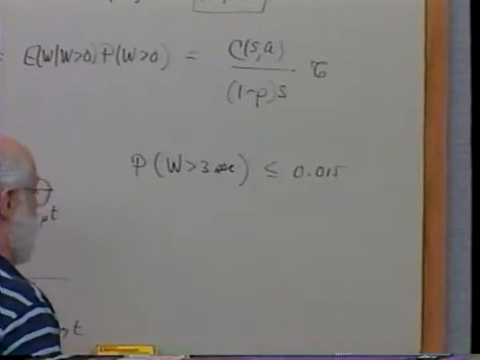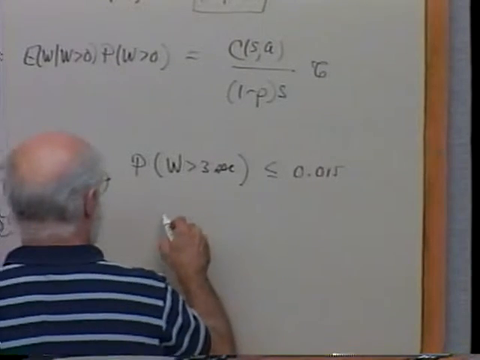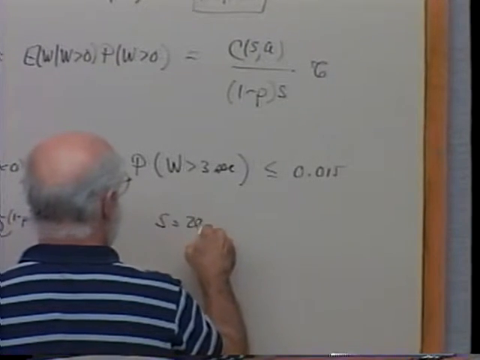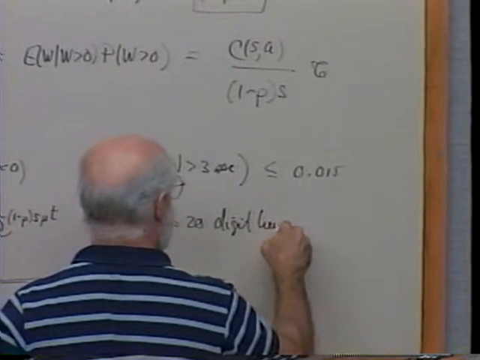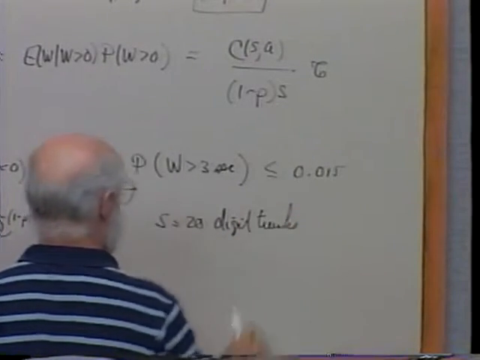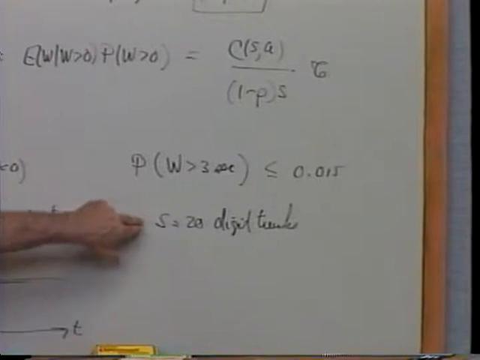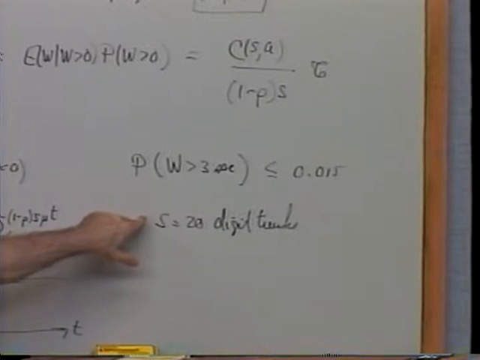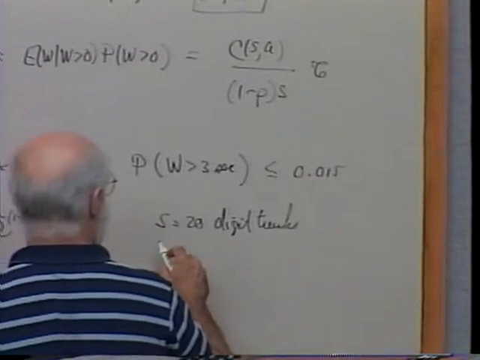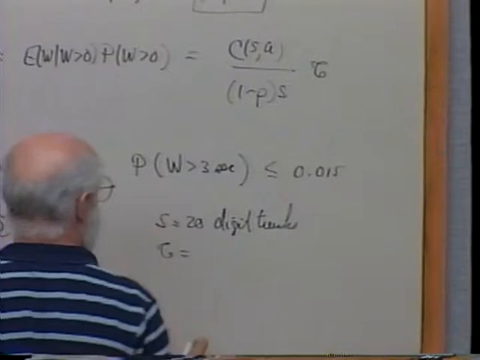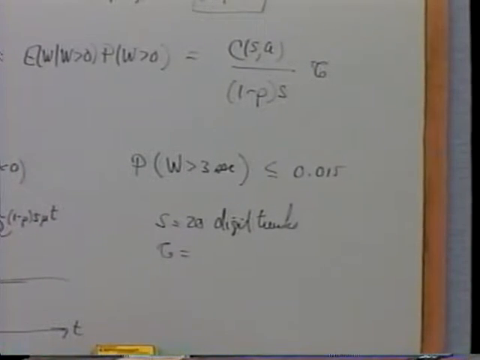Okay, so we could estimate something like this. Suppose we had S equals 20 digit trunks, or dial tone machines, as they're sometimes called. So we have 20 of these servers, and what would be the average time it takes to dial a call? So we'll take tau equal to 5 seconds.